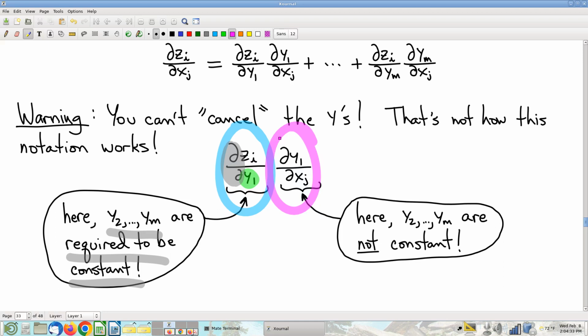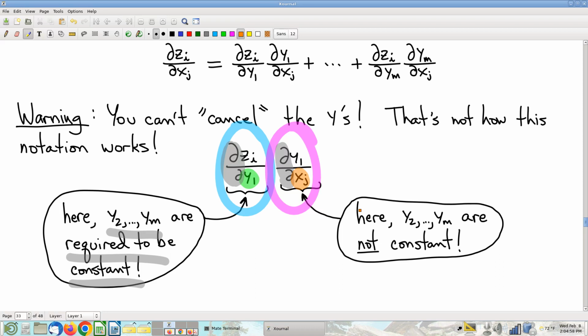Now let's look at this thing over here. What's the story? Where does this come from? What is the scenario in which this makes sense? The scenario is that we are going to, again, it's a partial derivative, so I'm going to hold a bunch of things constant. Xj is going to be my variable. All of the other x variables will be held constant.